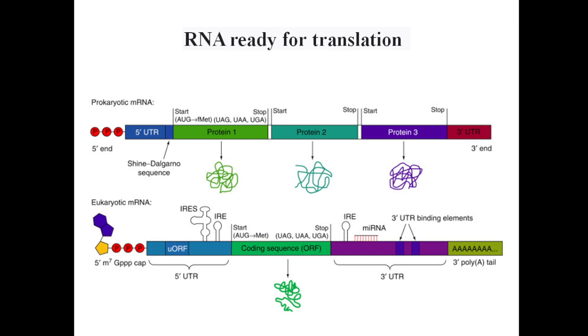A relatively long 5' untranslated region, which consists of a specific sequence for interactions with ribosomes, and a relatively long 3' untranslated region, with a terminal loop, with other regulative elements and polyadenine tails.